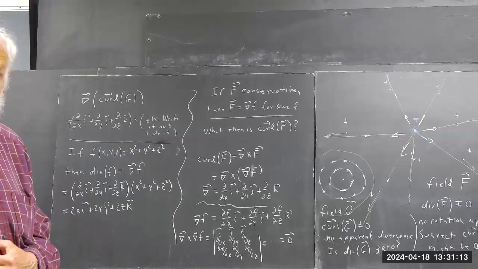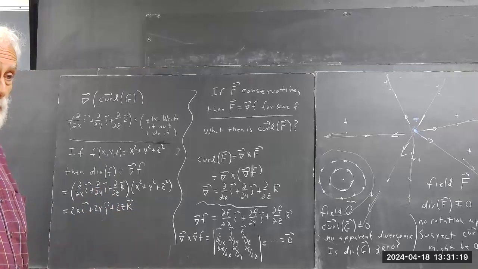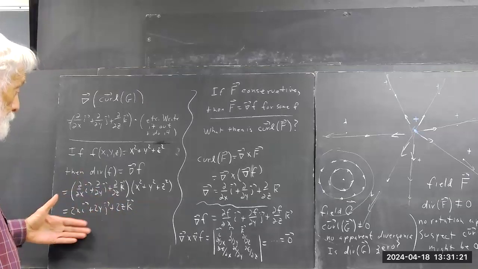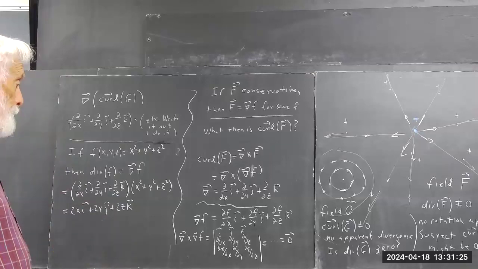all you have, okay? Now I could go on and ask, okay, do the curl on this. It doesn't hurt to just write it out. It just takes maybe a minute or two to write out what the curl of this is, and you would find that it's 0.